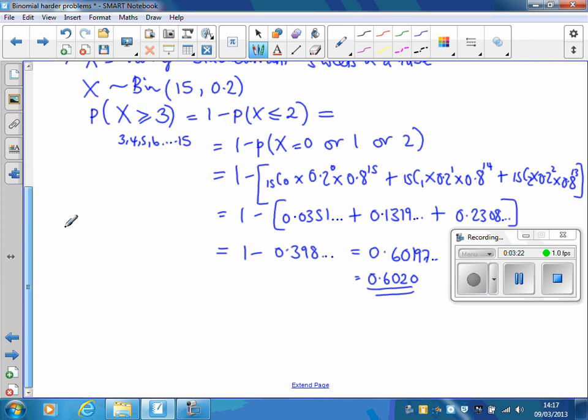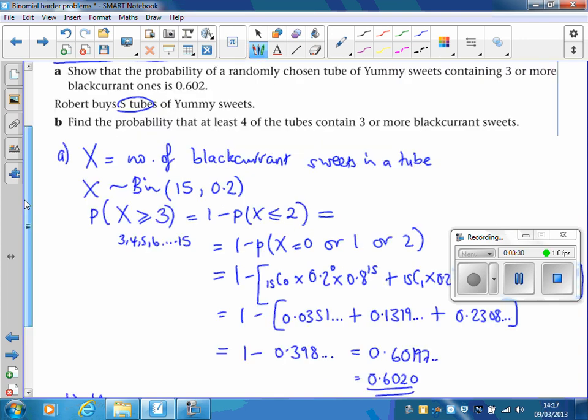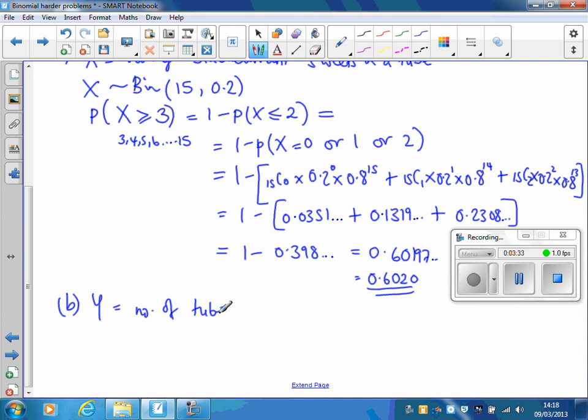But the question now goes on to look at 4 tubes. So everything's now changed. We've now got a binomial where y is equal to not the number of blackcurrant sweets, but the number of tubes of sweets containing 3 or more blackcurrant flavour sweets. Okay, and y is going to have a binomial distribution.